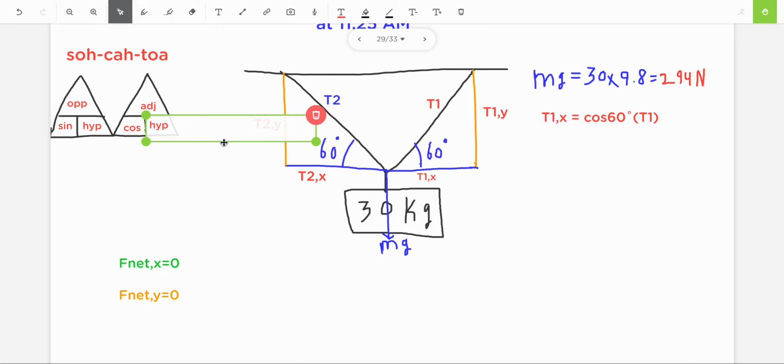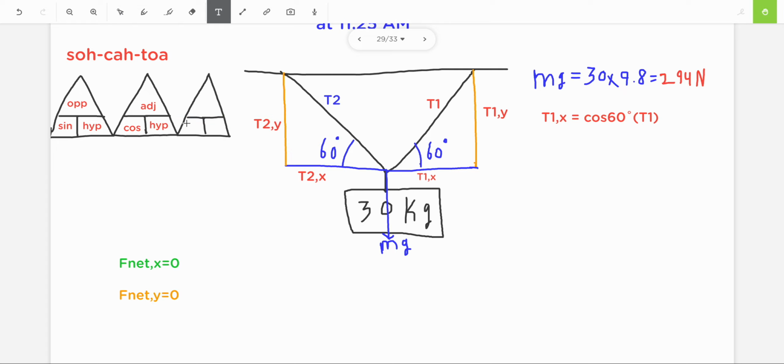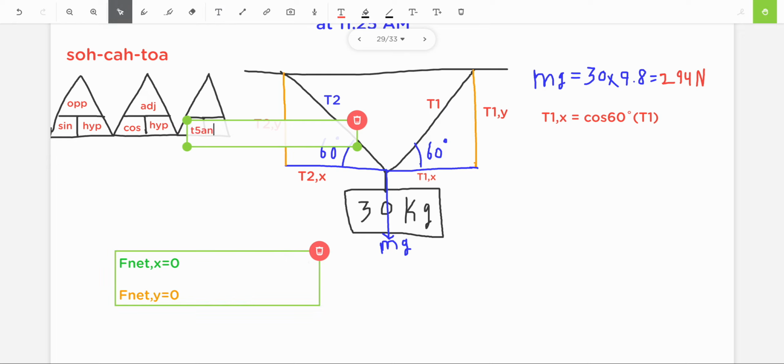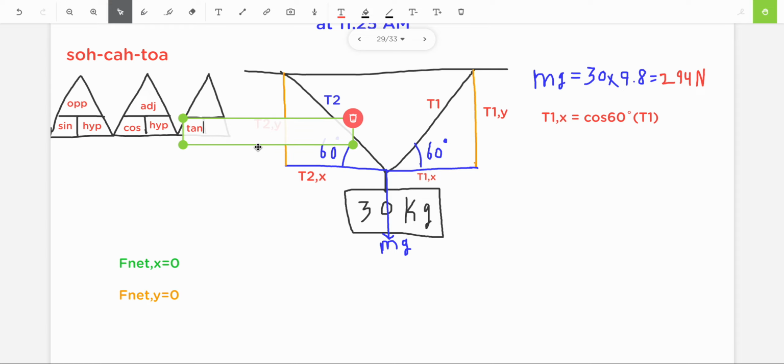Also for the tangent, you will have tangent here and opposite up with an adjacent down.